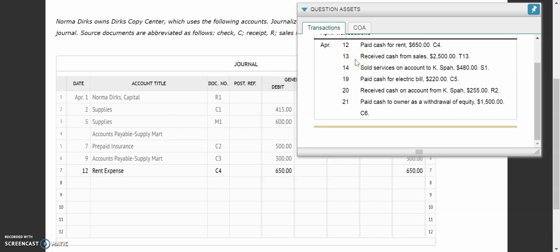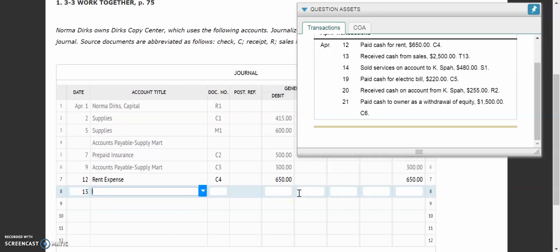Our second transaction is on April 13th. It says we received cash from sales for $2,500, T13. So we come on down here and we put our date of the 13th, and then we need to figure out what's going to go in our account title. Now remember, this one is going to be a little different in that it says we received cash from sales. So we have a cash debit and a sales credit.